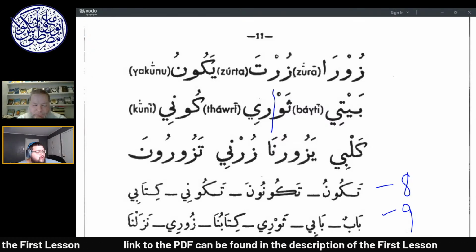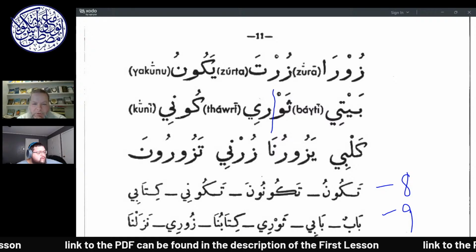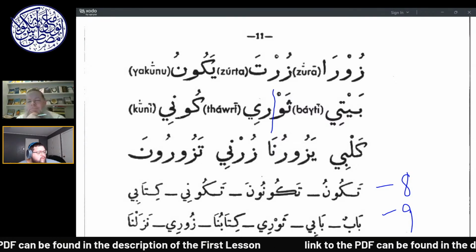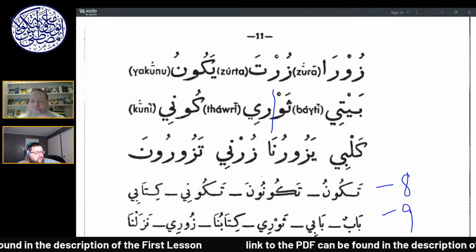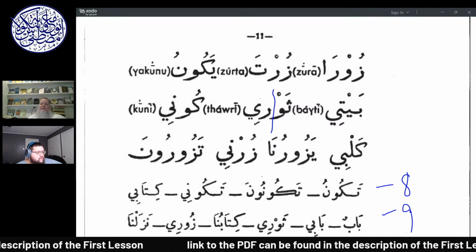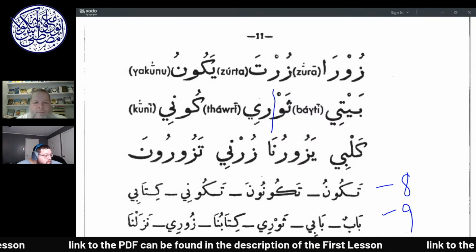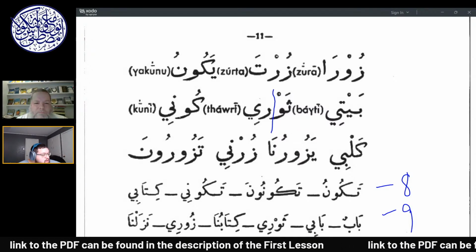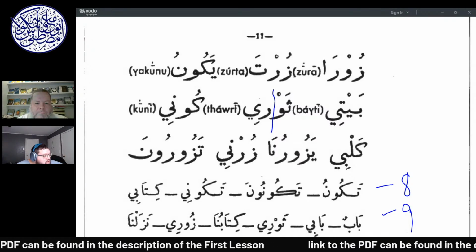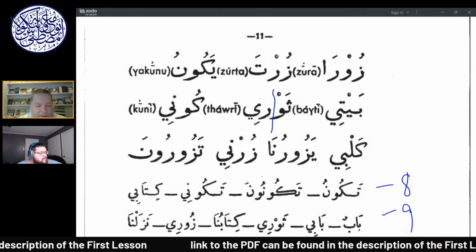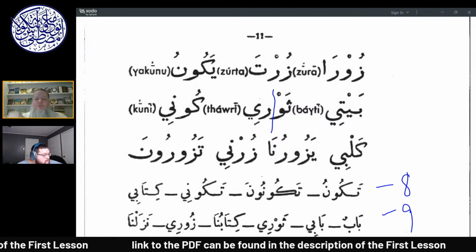Thowry. That's a long vowel in the second syllable, right? Yep. Cooney. Exactly. We'll read this one too.